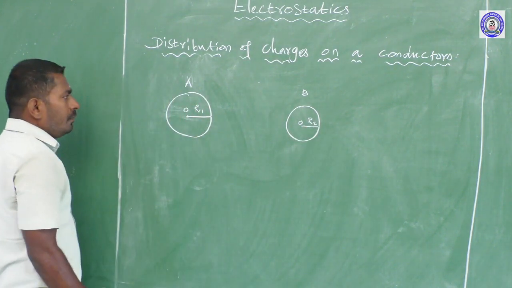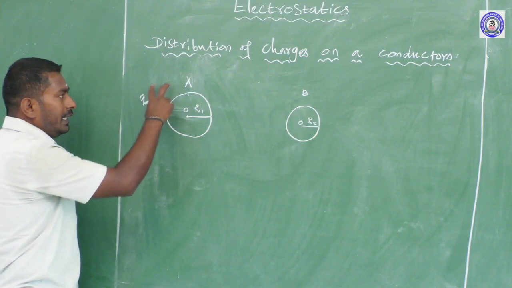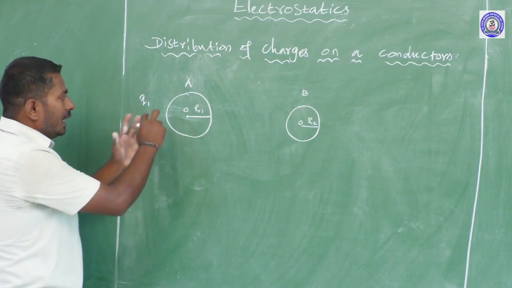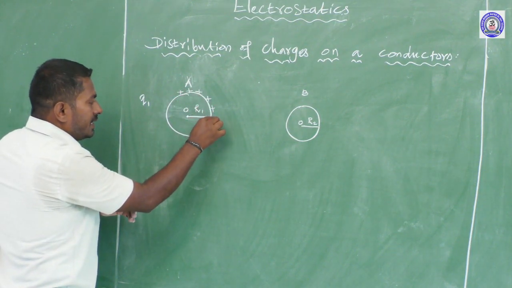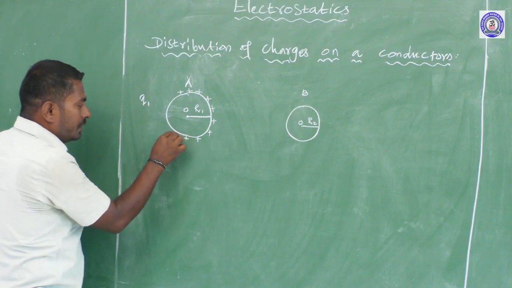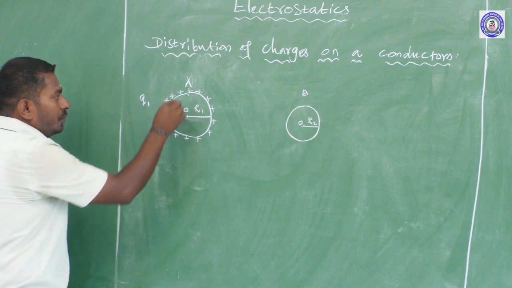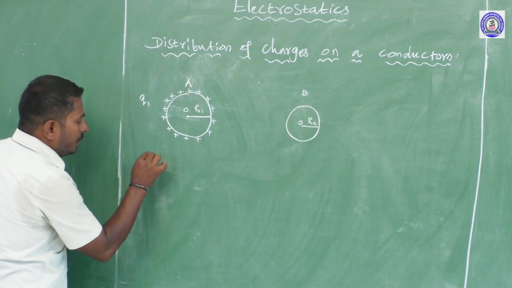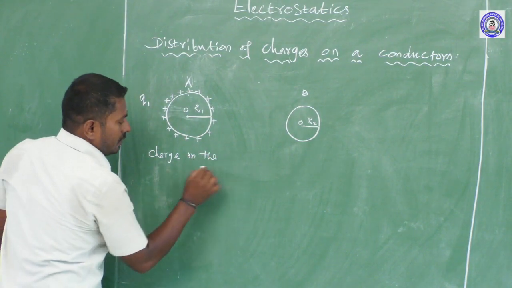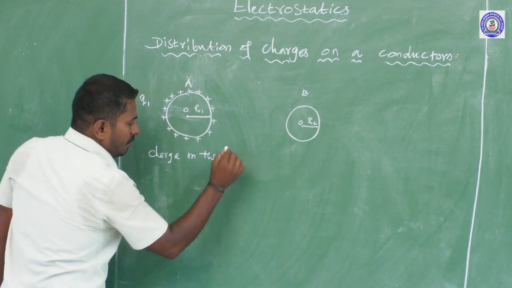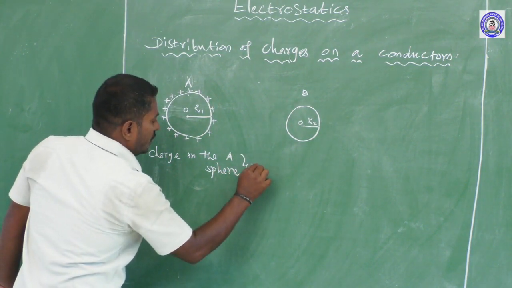Now Q1 charge is given to the metallic sphere A, then the Q1 positive charges are uniformly distributed on the surface of the metallic sphere A. So the charge on the metallic sphere A is equal to Q1.